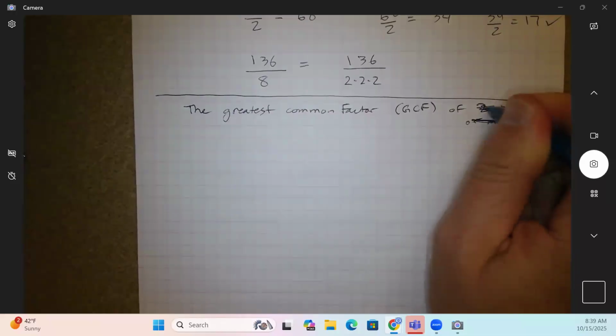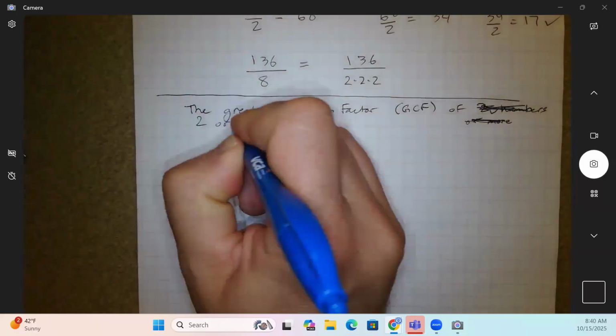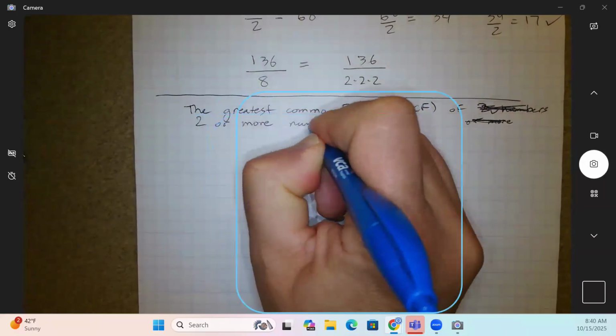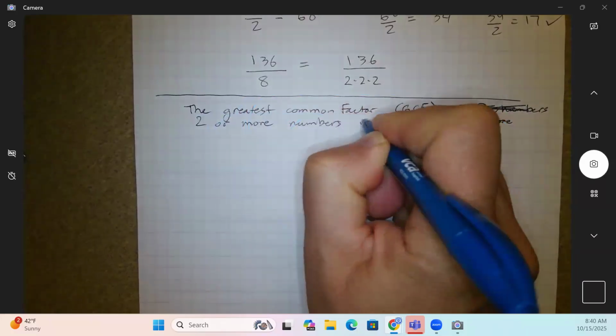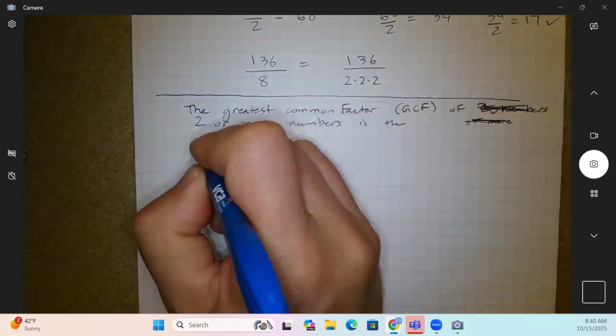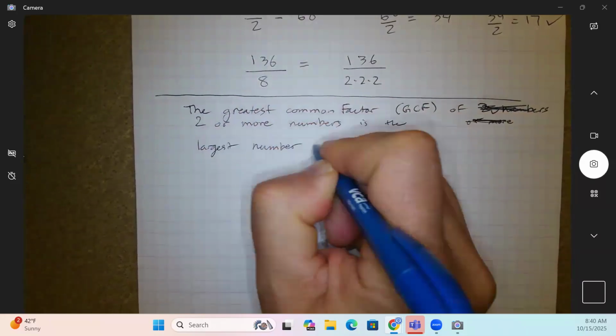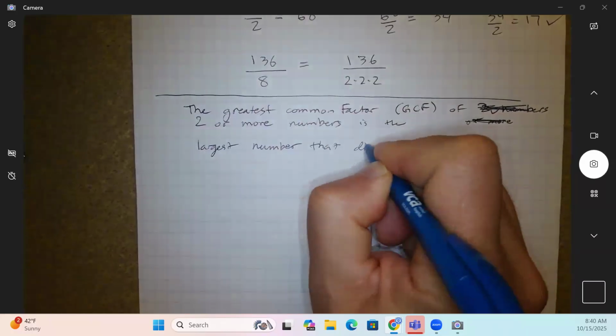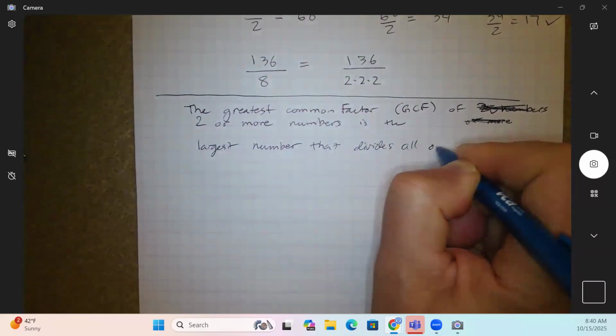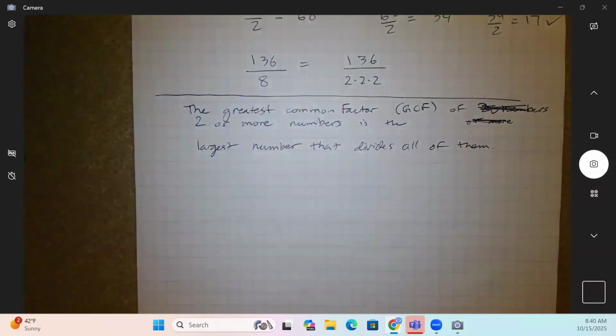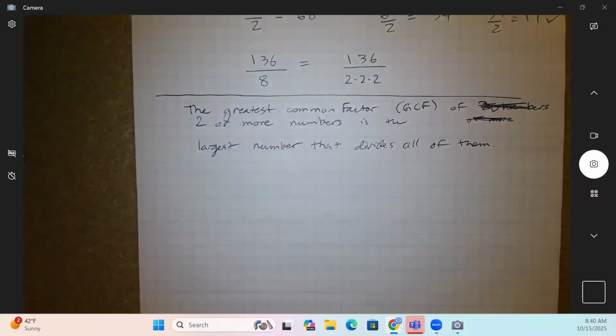Let me write that again. Of two or more numbers is the largest number that divides all of them. A factor is a number that divides. A common factor is a number that divides all of them. And the greatest common factor is the largest number that divides all of them.